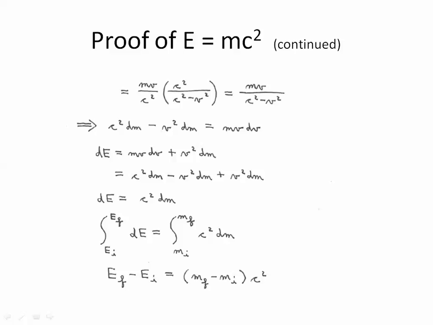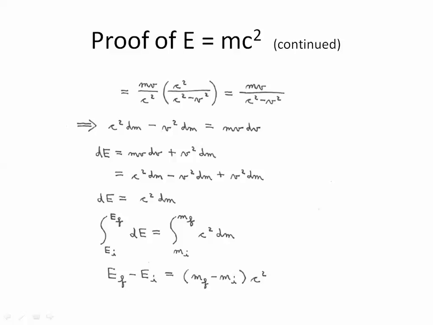We substitute this expression for m times v times the differential for velocity into the expression for differential energy from the previous slide. The two terms v squared times the differential for mass cancel. We have the differential for energy equals c squared times the differential for mass.